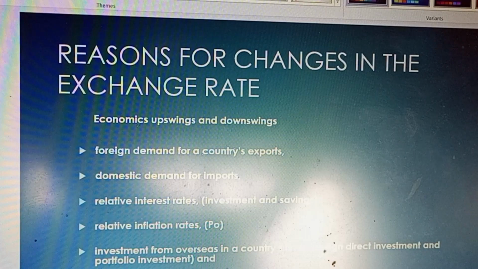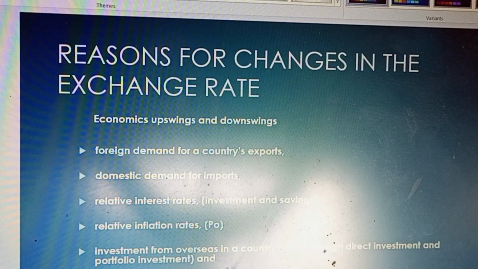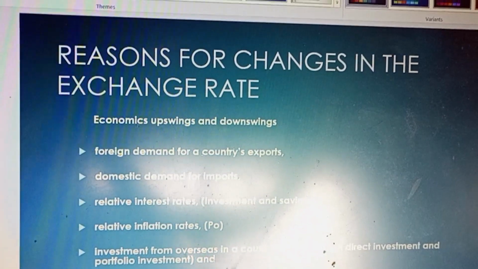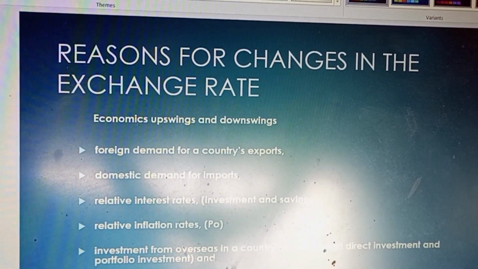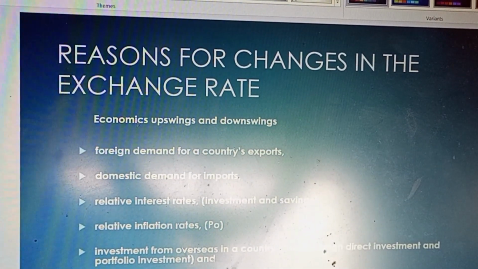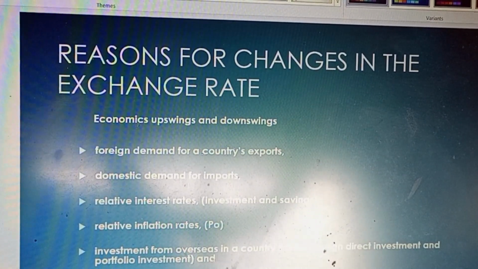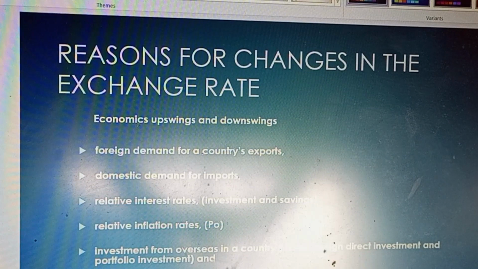If there is inflow, that is more money coming into the country, this will definitely affect the exchange rate system. If there is an outflow, this would equally affect the exchange rate system. All right. Without much ado, those are the reasons for changes in the exchange rate.